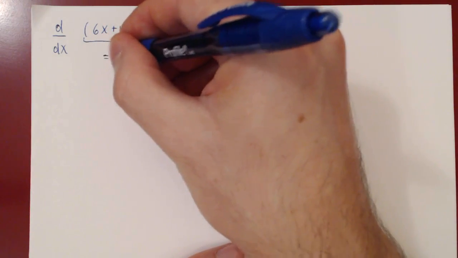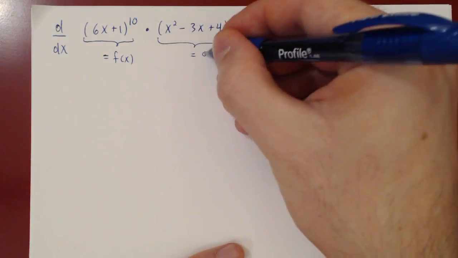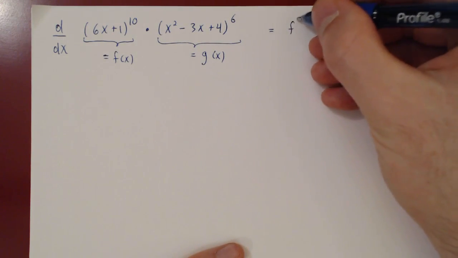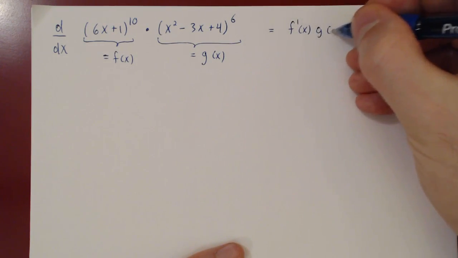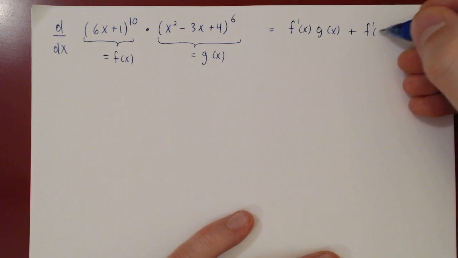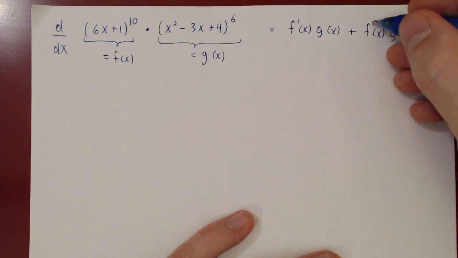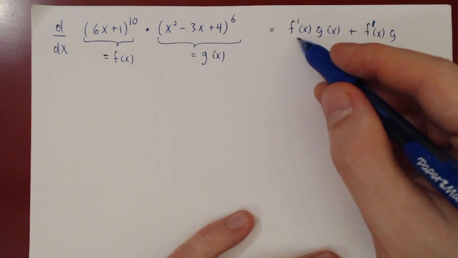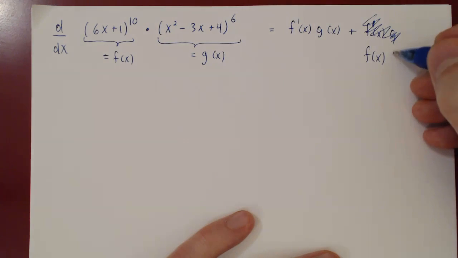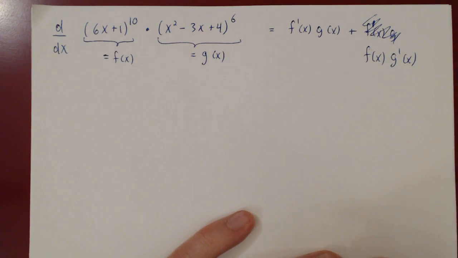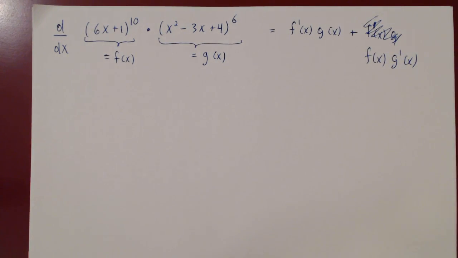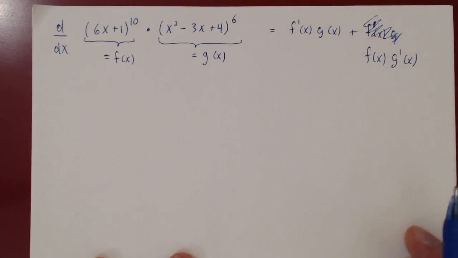If you call this f of x, and you call this g of x, the product rule says that this will be the derivative of the first function times the second function, plus the first function times the derivative of the second. So all we need now is the derivative of f and the derivative of g. So let's find both of these separately, and then we'll plug them in.